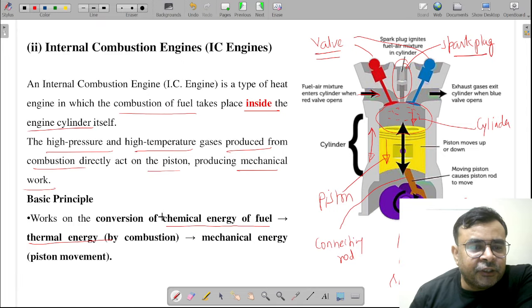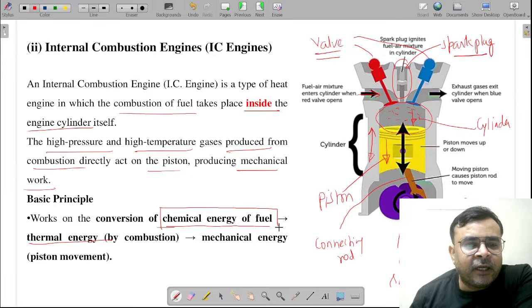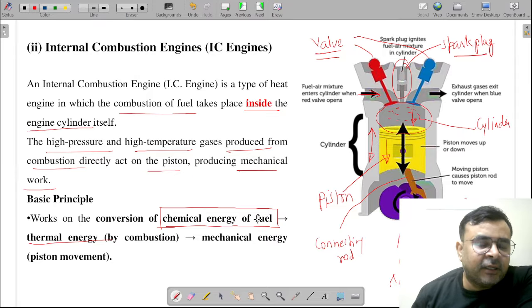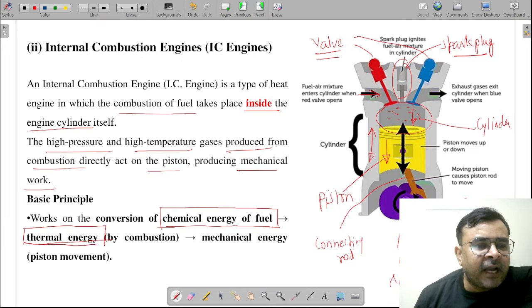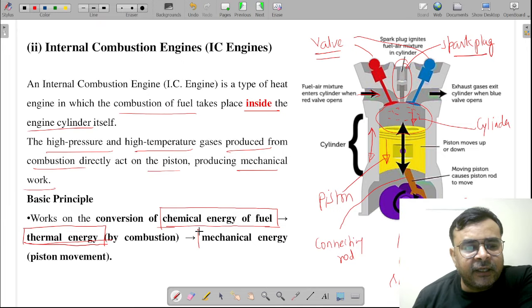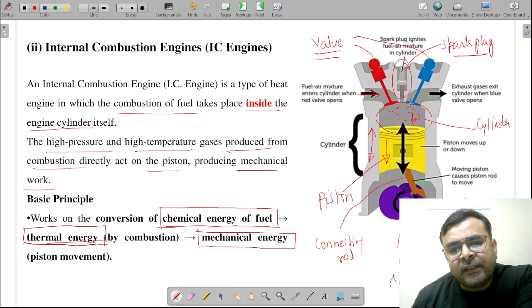The chemical energy of the fuel, whether it is petrol or diesel, or even a gas like natural gas or LPG, when you burn it, then after combustion the chemical energy will be converted into heat energy, or you can say thermal energy, and this thermal energy is further converted into mechanical energy. And where do we get the mechanical energy?